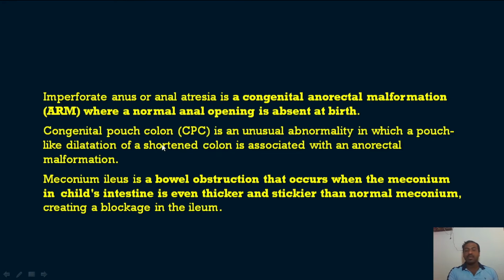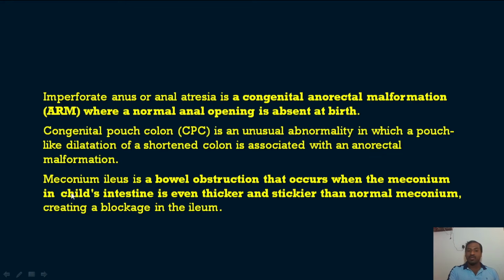What is CPC or congenital pouch colon? It is an unusual abnormality in which a pouch-like dilatation of a shortened colon is associated with an anorectal malformation. So this is also an anorectal malformation. Okay, so that is congenital pouch colon.